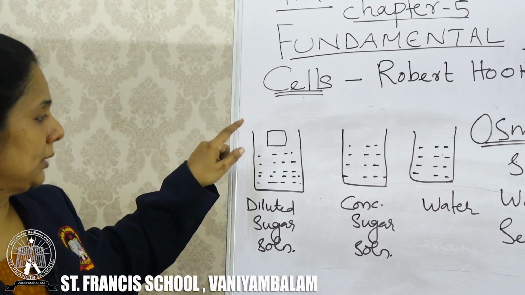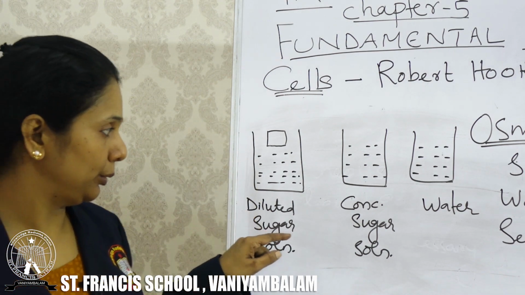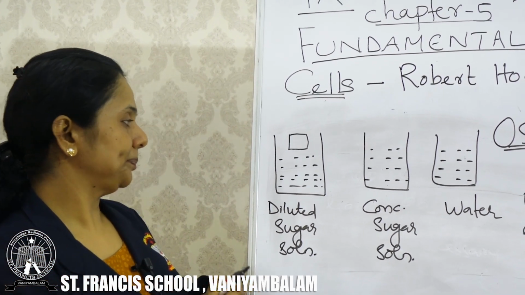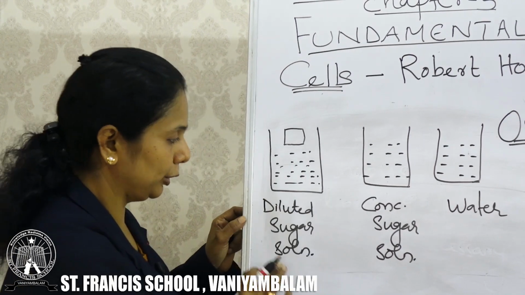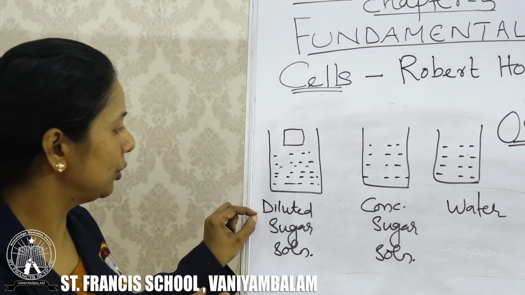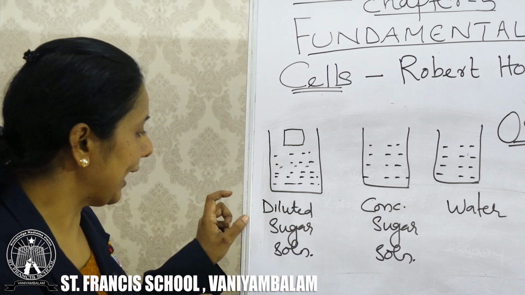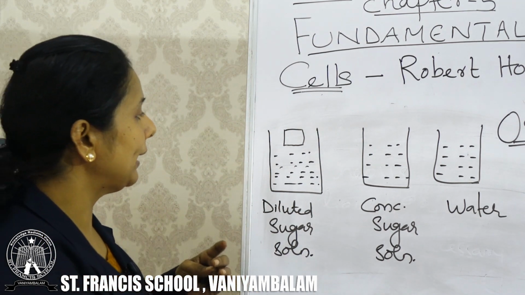So when we put a plant cell in diluted sugar solution, what happens is, in this diluted solution water content is high. Sugar is less. Am I clear, children? In diluted sugar solution, water content is high. So what happens?